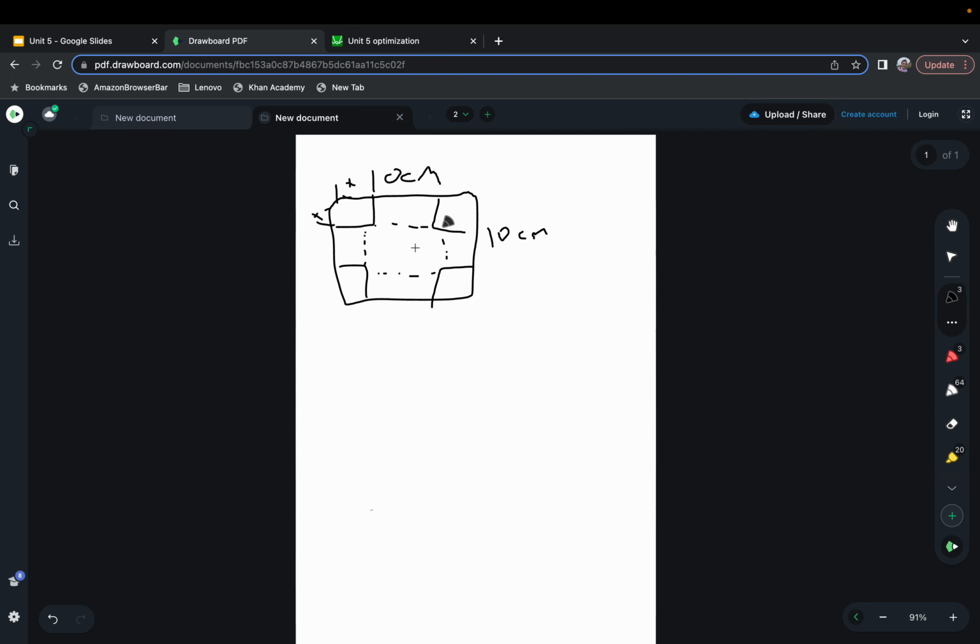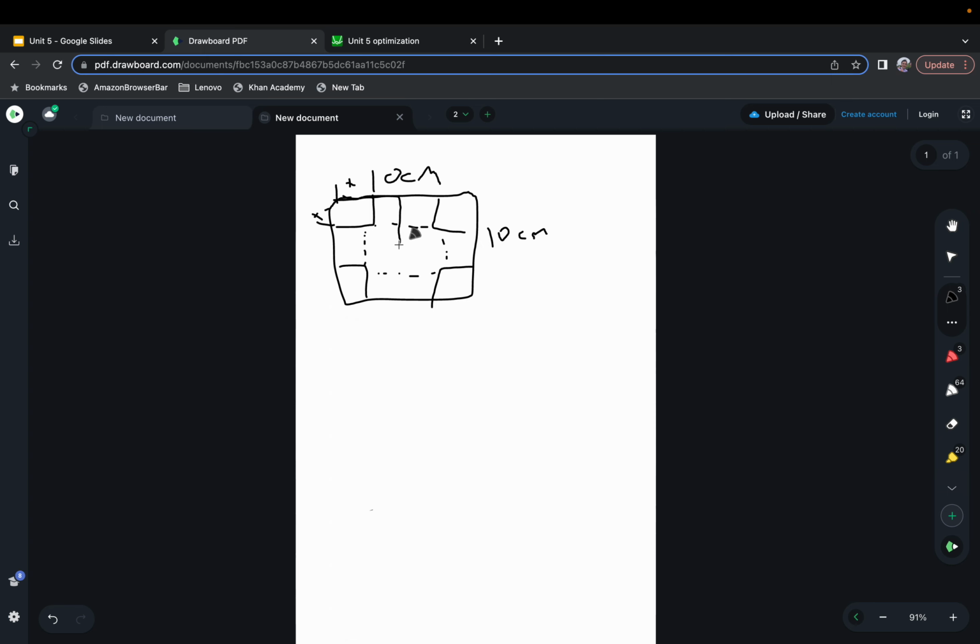If you can imagine, this square in the center is the base, and then all of these are the four sides that we're going to fold up. And the question is, at what x value are we going to have the highest volume box? And just keep in mind for later, if we have an x greater than 5, we can't have that because we only have 10 centimeters.